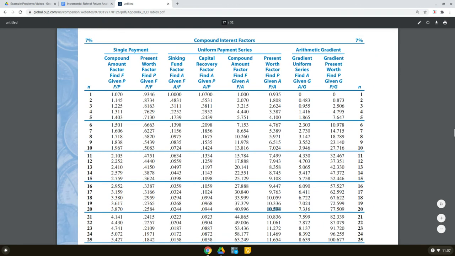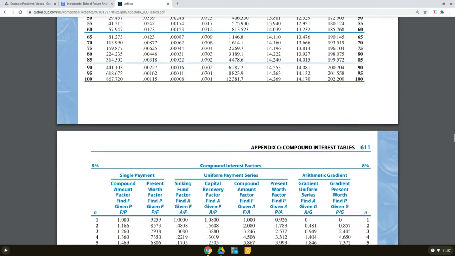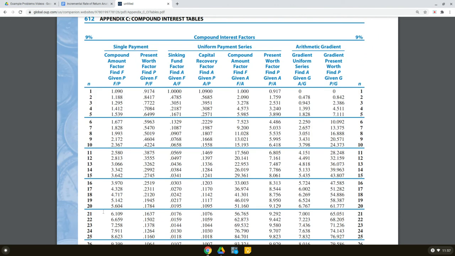Hopefully you can see that. So once again, we need 8. We are going in the right direction, but still not there yet. So maybe I do 9% now. Okay, 9%. Row number 20, and P given A column is 9.129. So that's very close to 8.